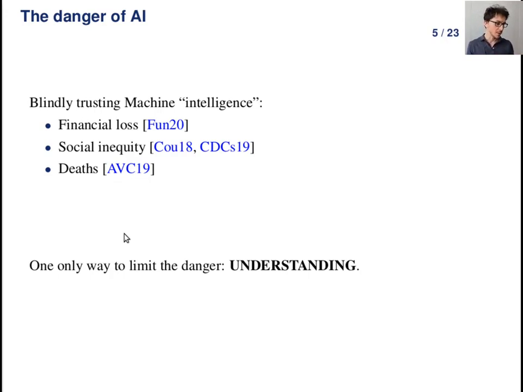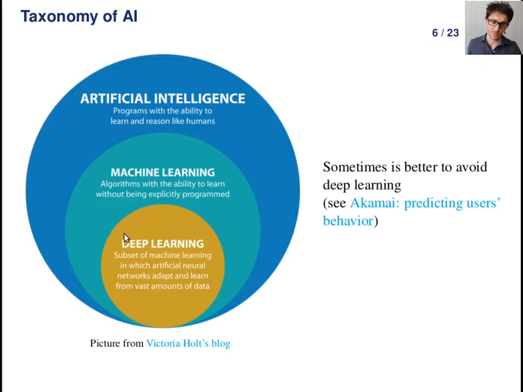It happens when you try to control population or to decide laws based on the guidance that algorithms give you. And deaths, typically in experiments where artificial intelligence has been deployed to drive autonomous vehicles. So the only way to prevent these dangers is to really understand artificial intelligence in a practical way, to see what's inside this ball and to use it properly.